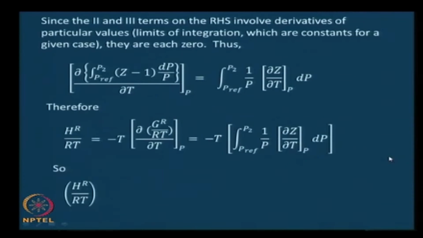Therefore, HR by RT can be evaluated from minus T integral of P reference to P2 ∂Z/∂T at constant P into 1/P dP. So, we have gotten HR by T, or HR, in terms of easily measurable properties. Let us call this equation 337.